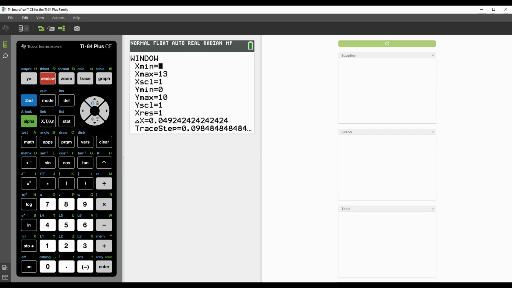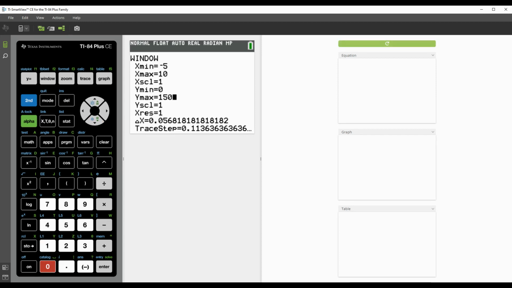So I go to Window, and I want to see this from -2, but I'm going to just say -5 to make sure I can see it, up to 10. And that y value was never lower than 5, but it's just easier to start at 0. But I need to get all the way up to 133, so I'm going to say 150.